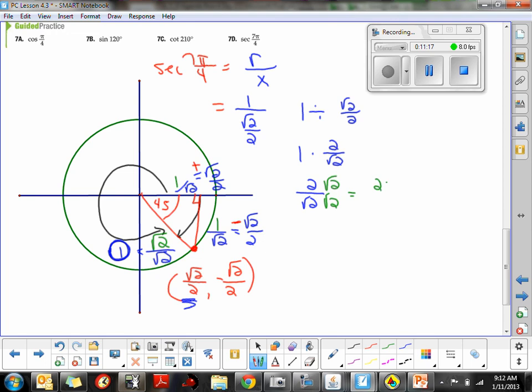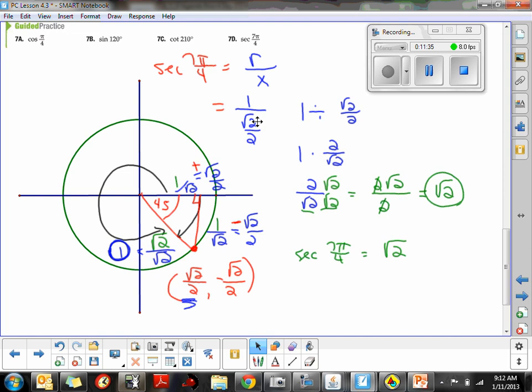On the bottom, square root of 2 times square root of 2 is 2. And we get 2 times square root of 2 over 2, or simply square root of 2. So the secant of 7 pi fourths is equal to square root of 2. Okay, 4 examples of how to use the unit circle to find exact trig values.